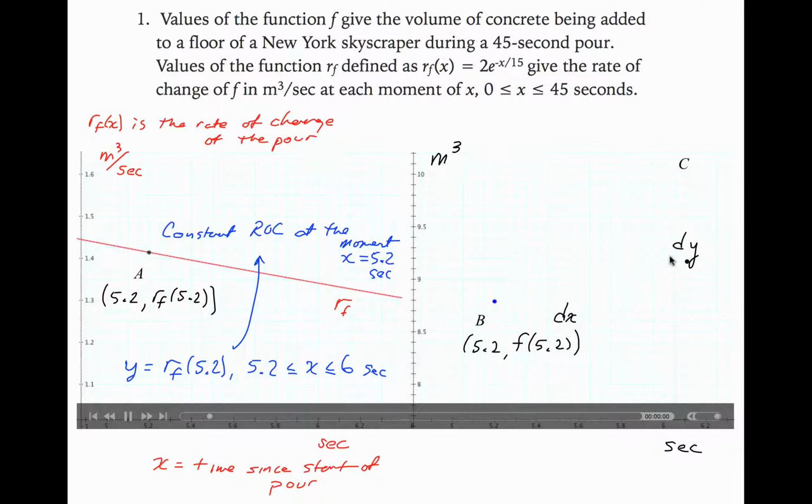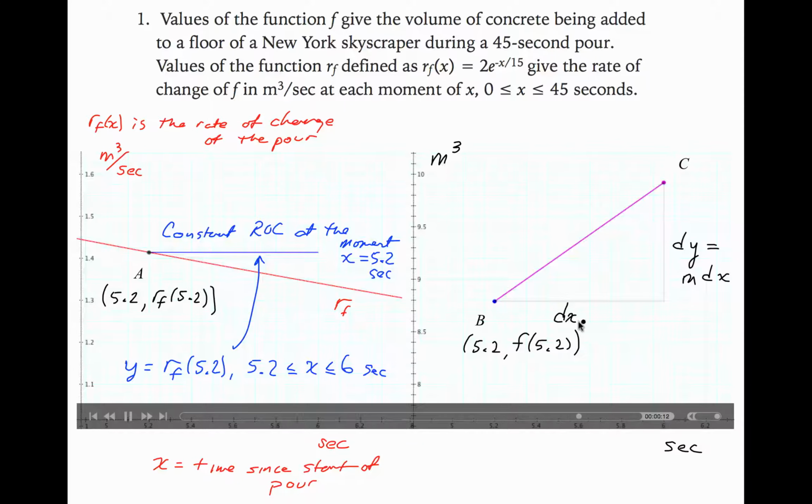And how does dy vary? It varies according to the constant rate of change that we're using over here. So dy is equal to m dx. It varies as dx varies according to the constant rate of change m, which is this value right here, r sub f of 5.2.